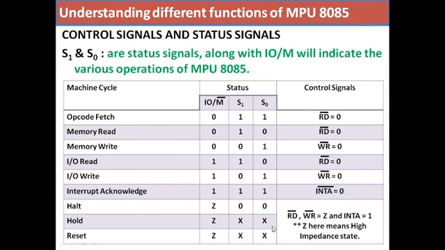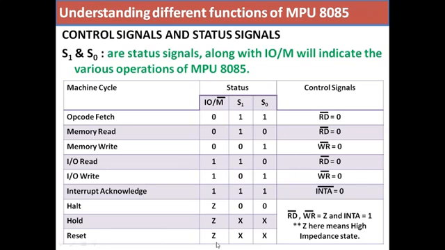Now we can again see here RD and WR, that is the read and the write terminals, are both in the high impedance state. Okay, now the hold state. Hold means if the microprocessor has to go into the hold state for DMA operation, then the IO M-bar terminal will be in the high impedance state, and it doesn't matter whatever there is in S1 and S0.